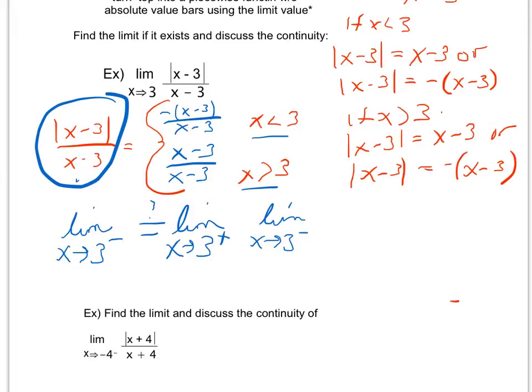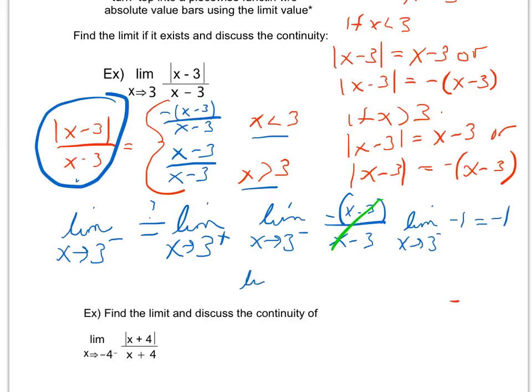So I'm going to choose negative x minus 3 over x minus 3. And I notice that I can do some canceling. That reduces, so I'm rewriting this function so I can use direct substitution, and I get the limit as x approaches 3 from the left is negative 1, because that's all that's left of my function. I've turned it into a constant function.